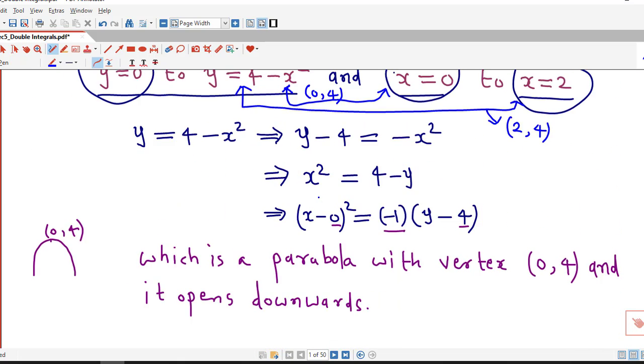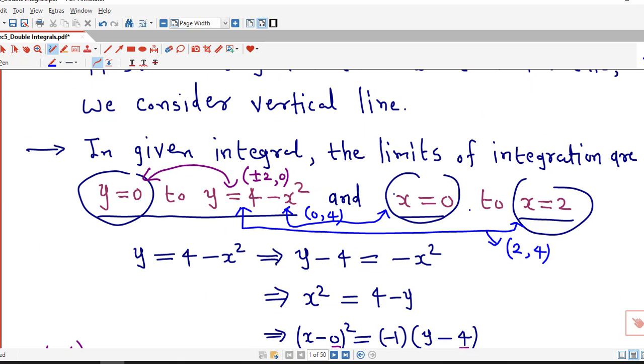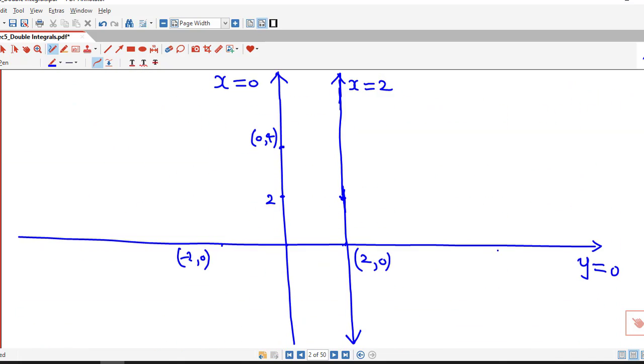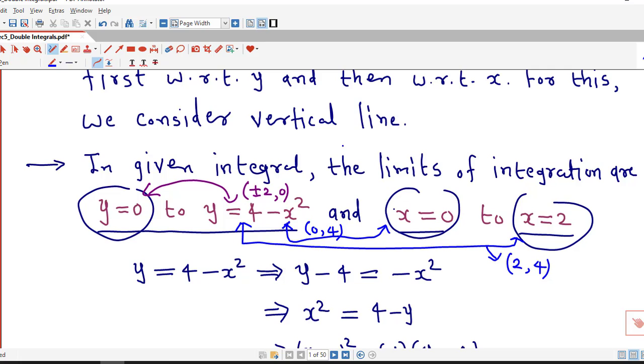Just a minute, if we put x equal to 2 in y equal to 4 minus x square, y is going to be 0.